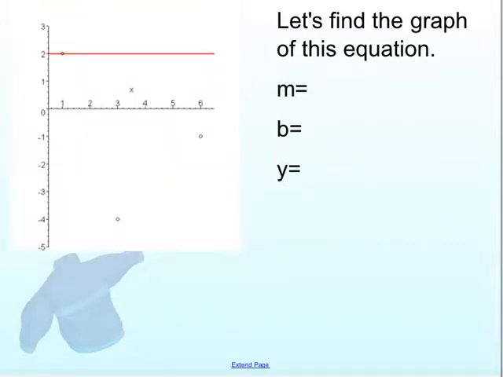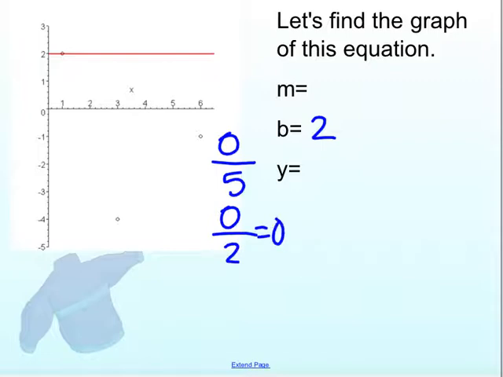All right. Another one. If we look, our y-intercept is 2, and then we say, what is our slope? Because it doesn't rise any. We have a rise of 0, but it runs infinitely. Let's say it runs 5, or it runs 2. Regardless, we find that our slope is 0. When we plug it into our equation, we get 0x plus 2, so really y is equal to 2.